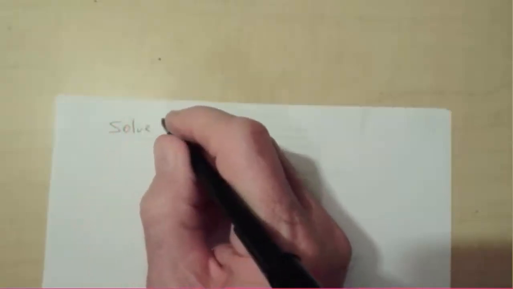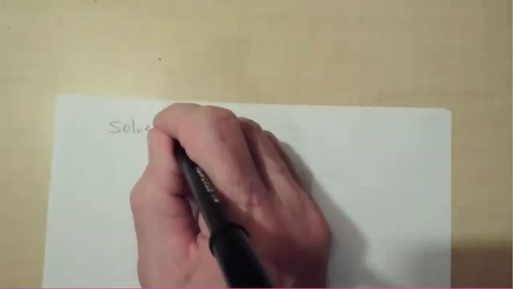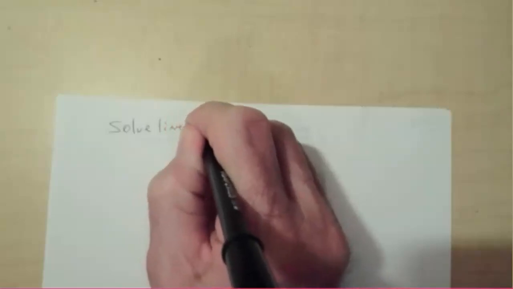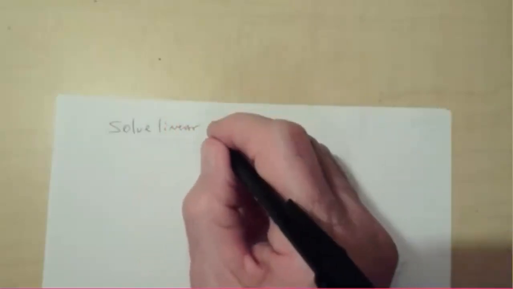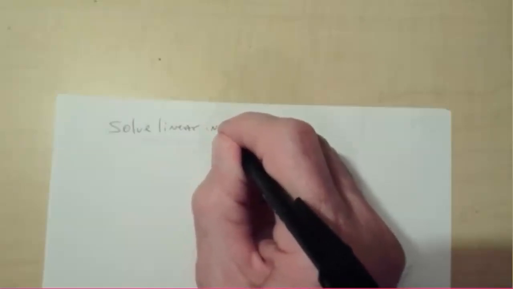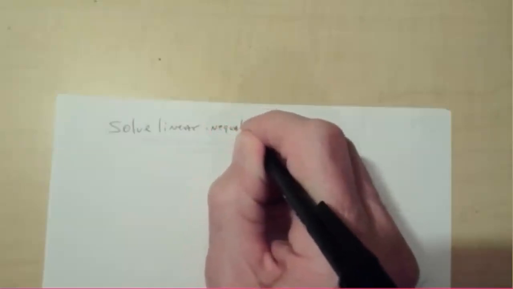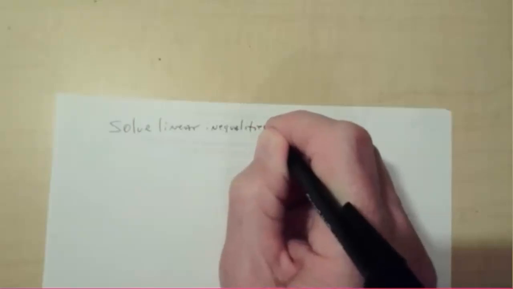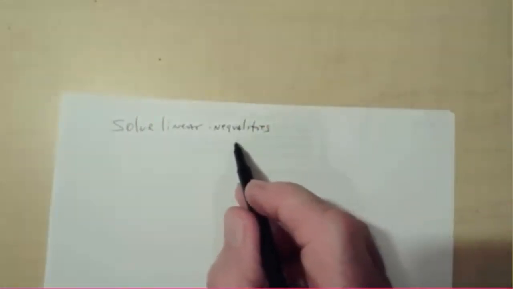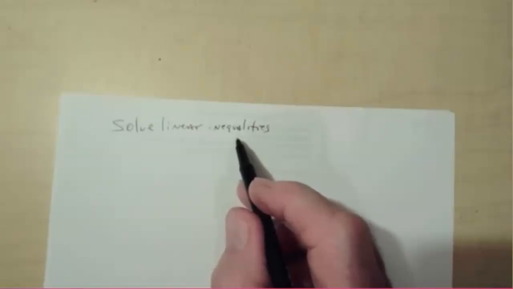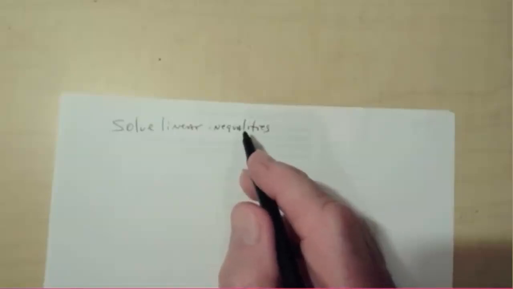Okay. Now we're going to solve linear, L-I-N-E-A-R. Linear just means makes a line, a straight line. Linear inequalities, I-N-E-Q-U-A-L-I-T-Y. Inequality just means less than, greater than, less than or equal to, greater than or equal to.